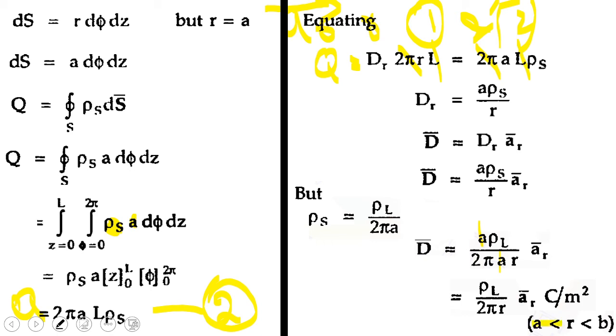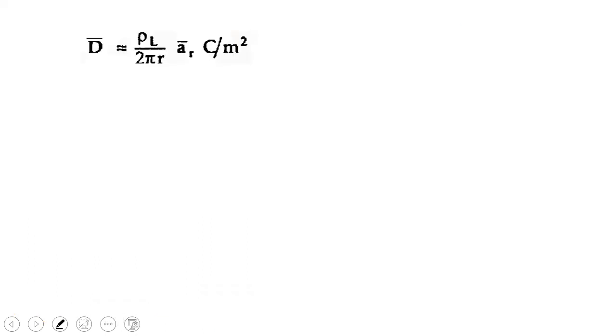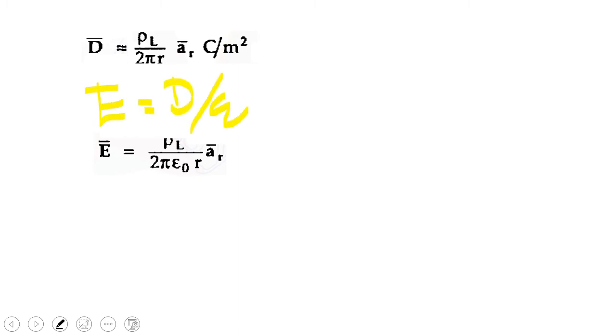Again, the main thing to be remembered, this is for the region when the Gaussian surface is between the two conductors A and B. So this is for the region A and B. When R is between A and B, D value is rho L by 2 pi R AR. What is E? E will be equal to D by epsilon naught, so you will get rho L by 2 pi epsilon naught R into AR vector.